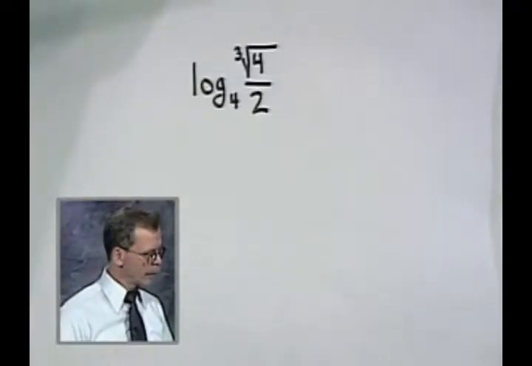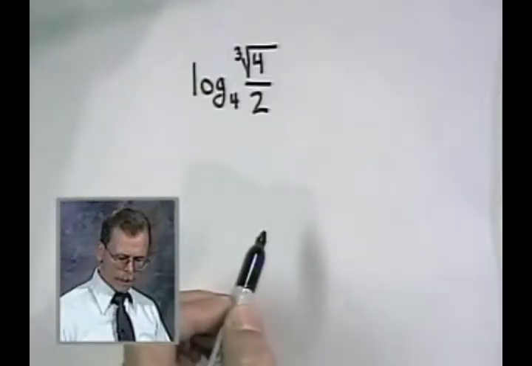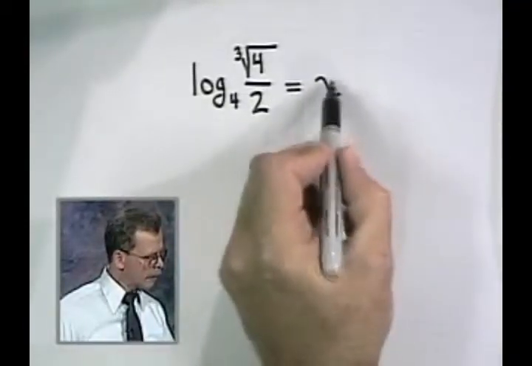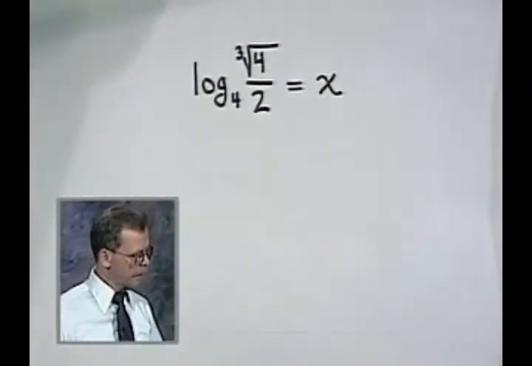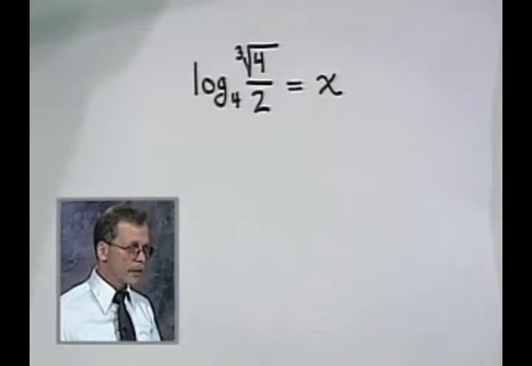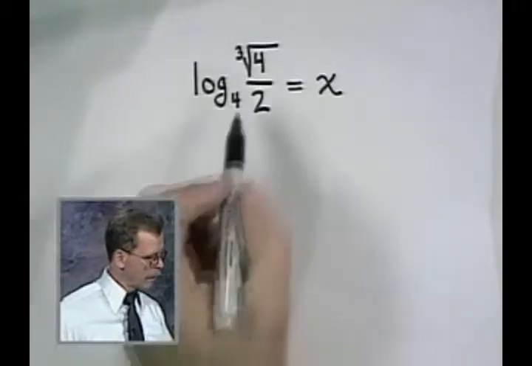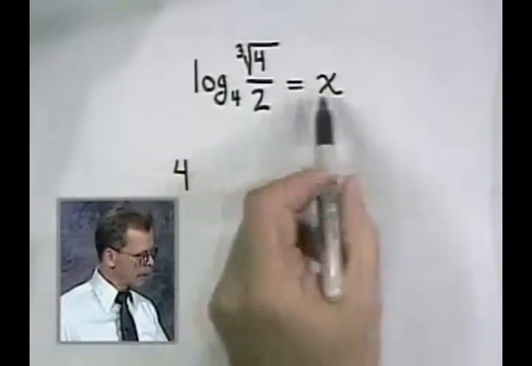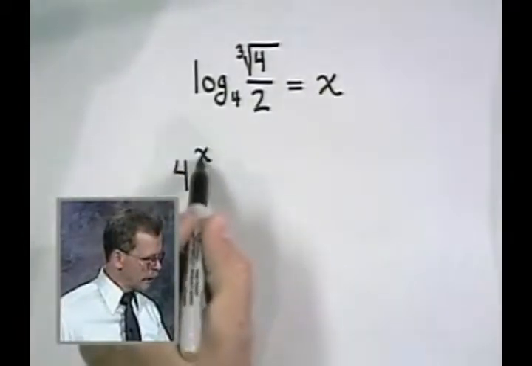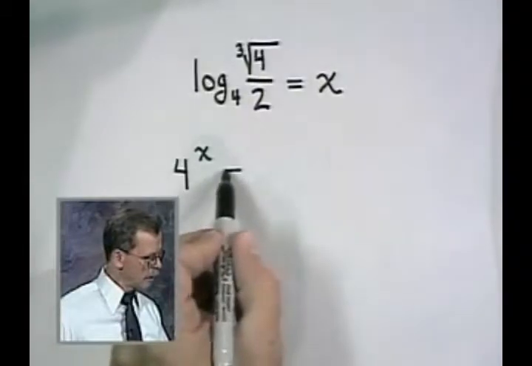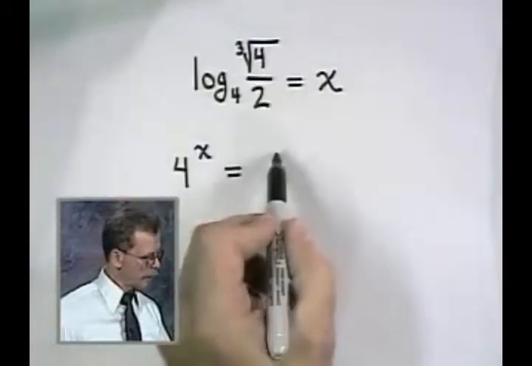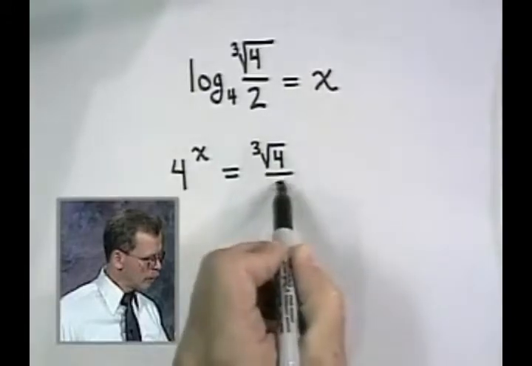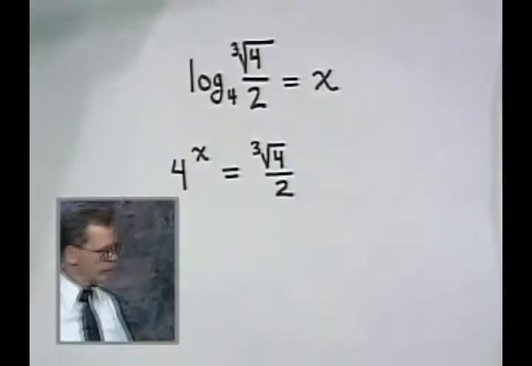If we're going to put this in exponential form, we would probably put an x out here like that. Now we can change it back into exponential form. The base is 4. The logarithm is the exponent, x, equals the argument, cube root of 4 over 2, like so.